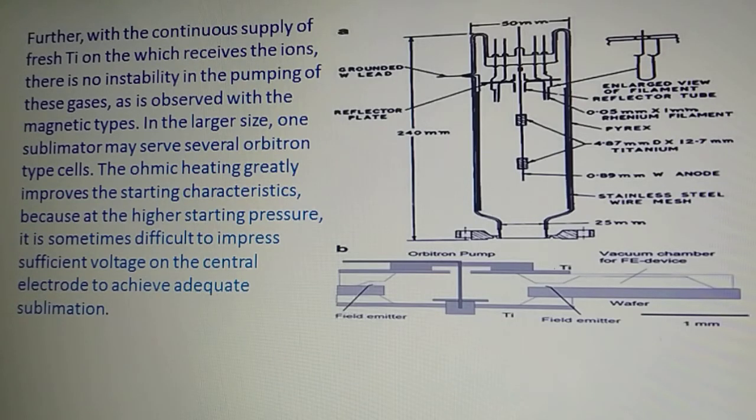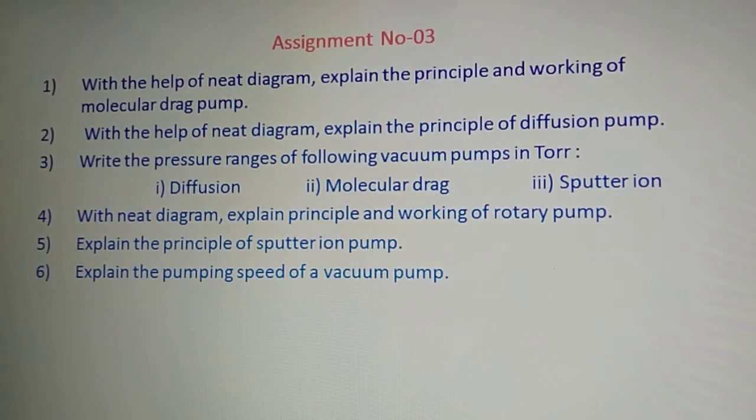In the larger size, one sublimator may serve several orbitron type cells. The ohmic heating greatly improves the starting characteristic, because at the higher starting pressure it is sometimes difficult to impress sufficient voltage on the central electrode to achieve adequate sublimation, right?